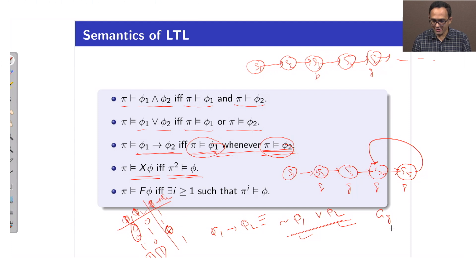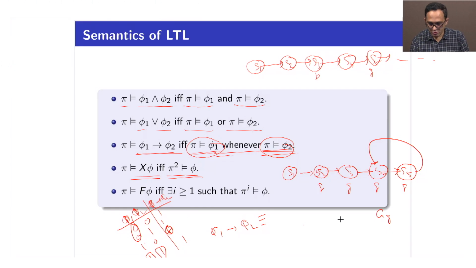So I will say this state S2 satisfies globally Q. This effectively means pi 2 satisfies globally Q, because pi starts from S1, but S1 does not satisfy globally Q, because in this state Q does not hold. Globally means in all states it should hold in that path, and it is infinite, so it will be S4, S5, S4, S5, and Q is always true.